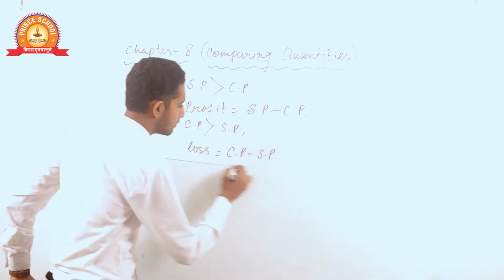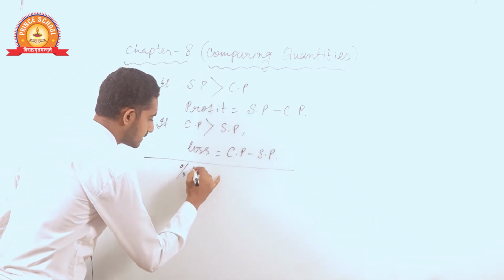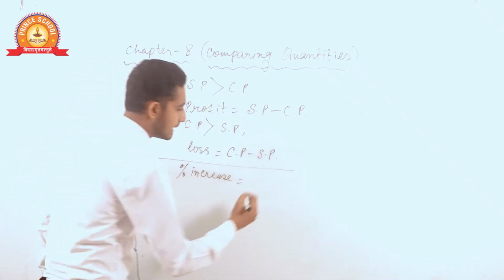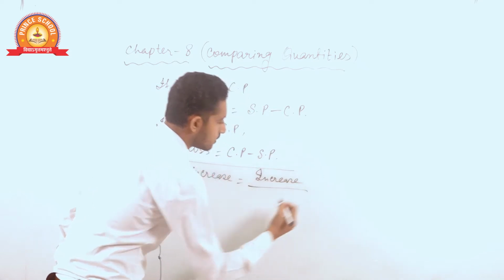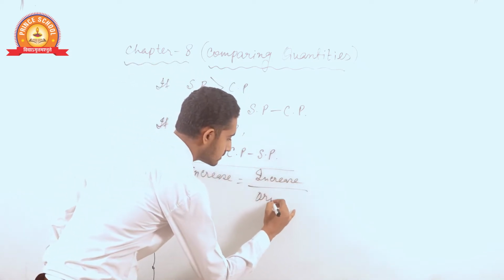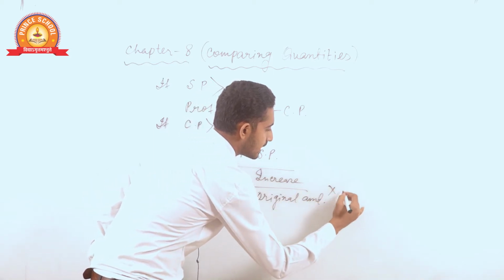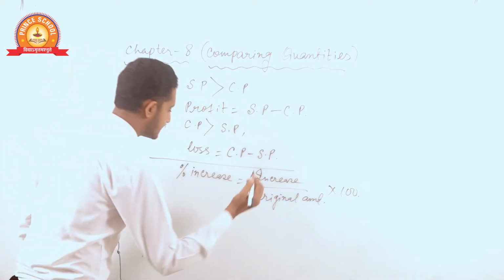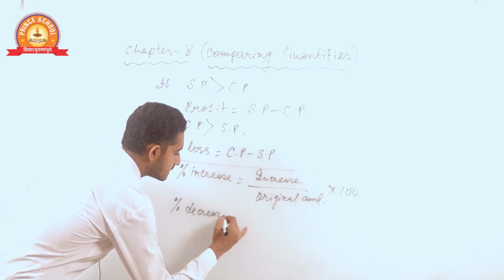Now, second formula is your percentage of increase. That formula is increase upon original amount, multiply 100. That is the formula of percentage increase. Second is percentage of decrease.